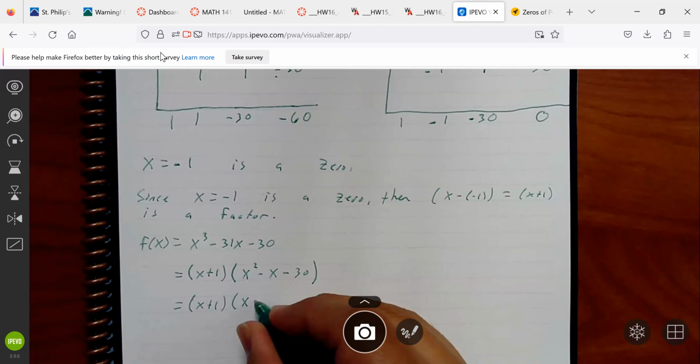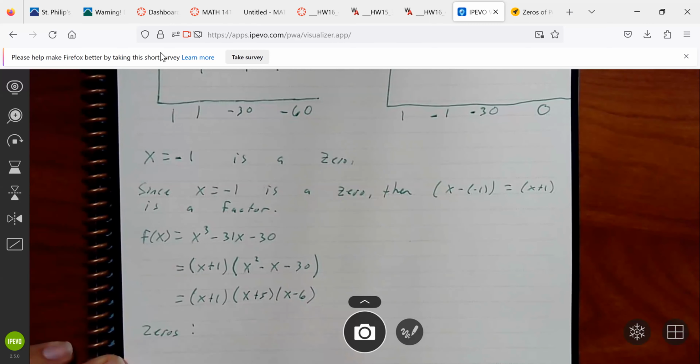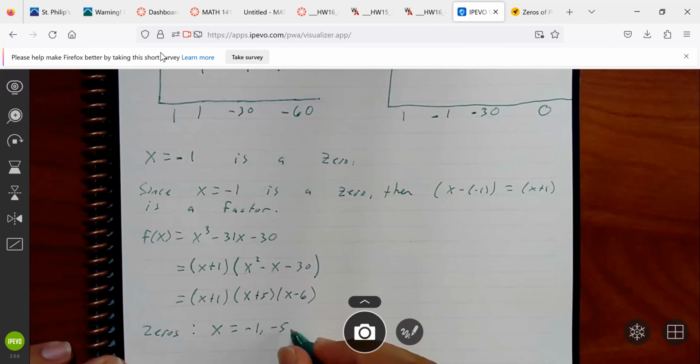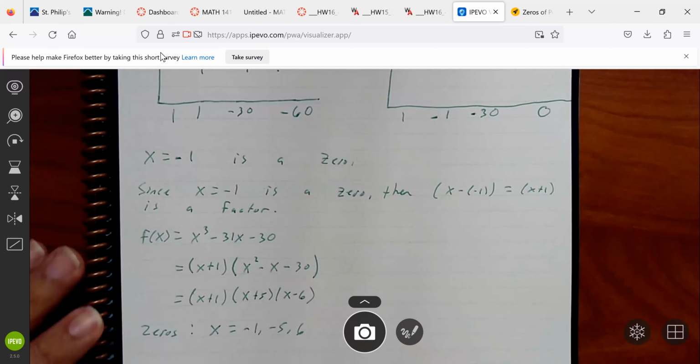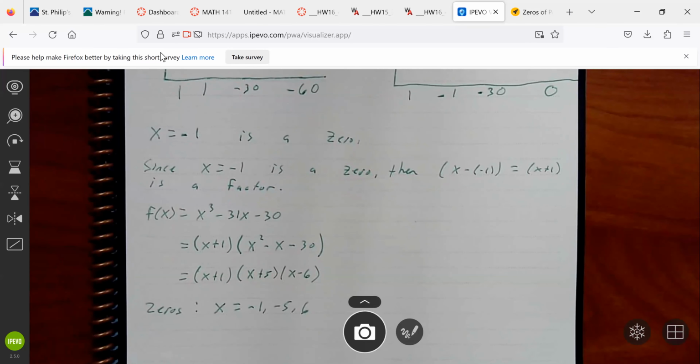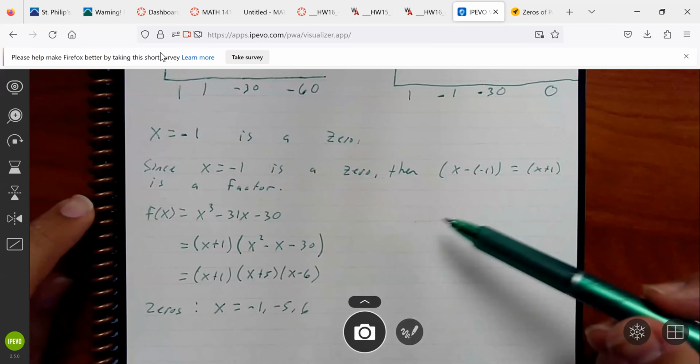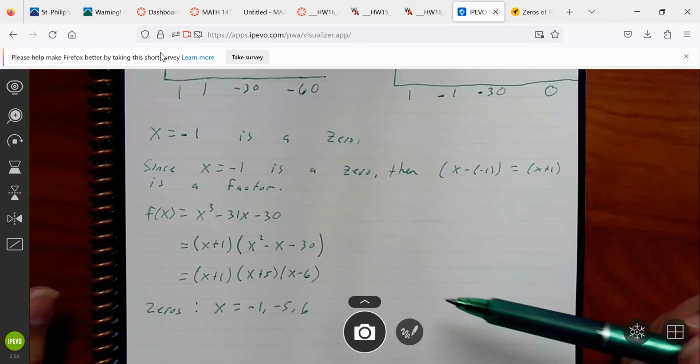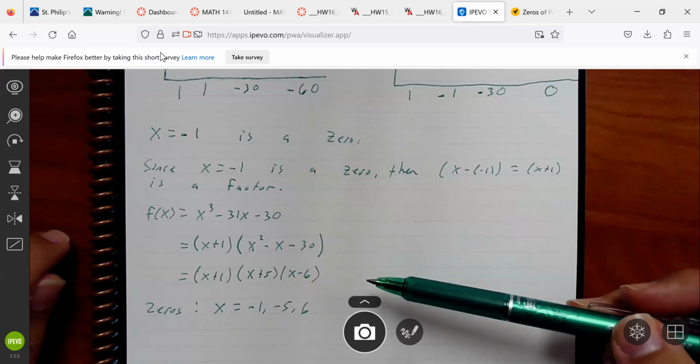Okay, so what are my zeros? Isn't it negative 1, negative 5, and 6? Yep. There they are. I skipped a minor step there, but are you guys still with me? Any steps not make sense to you?